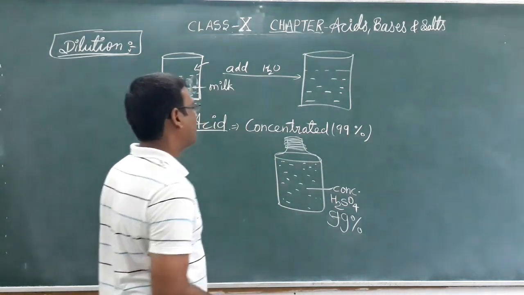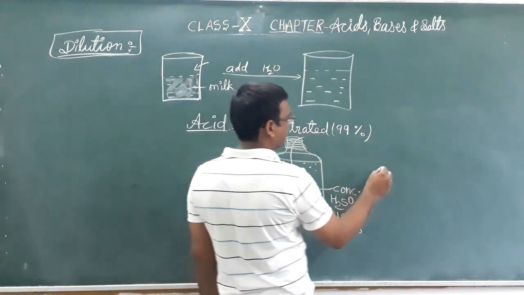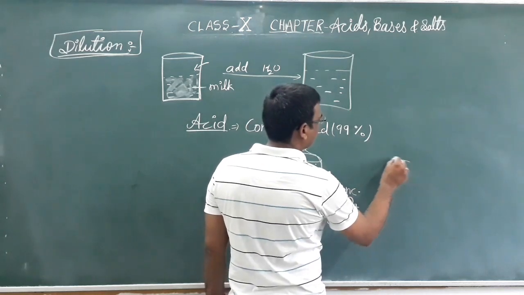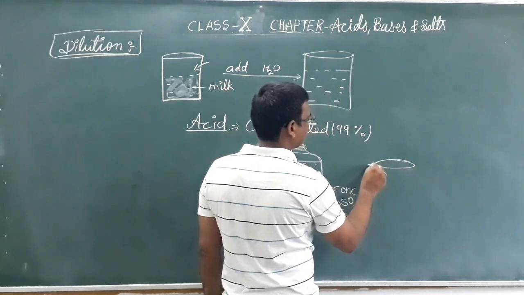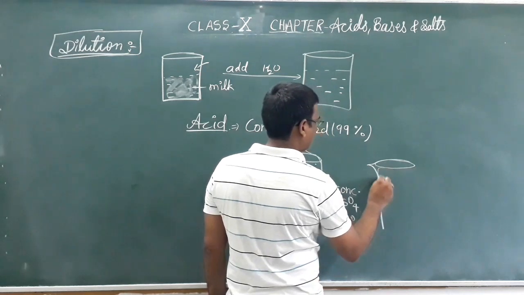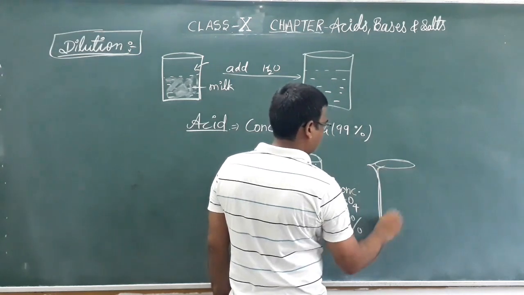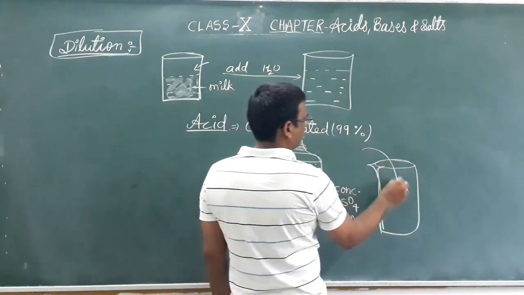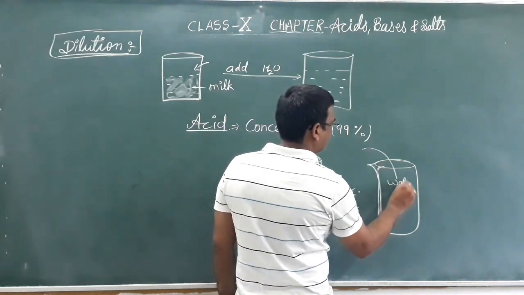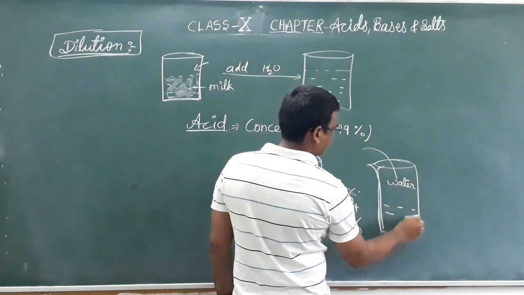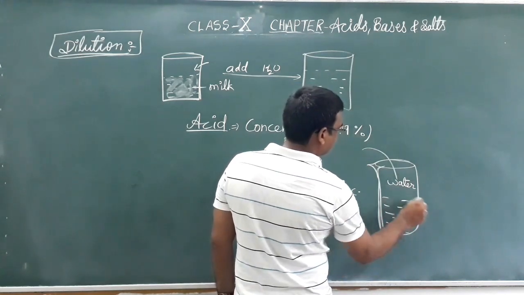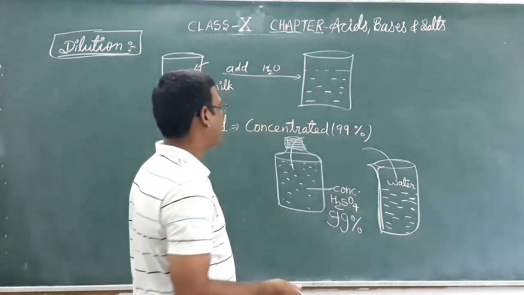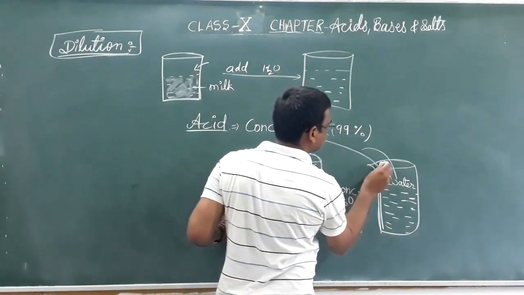Now what is the process? We take some amount, in a container, you may say beaker, or any container, and then fill some water in this beaker. In this beaker you first fill some water, and after that you take this amount.